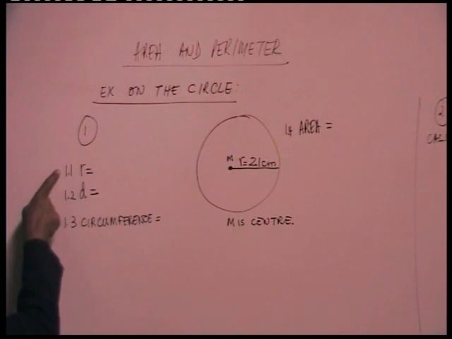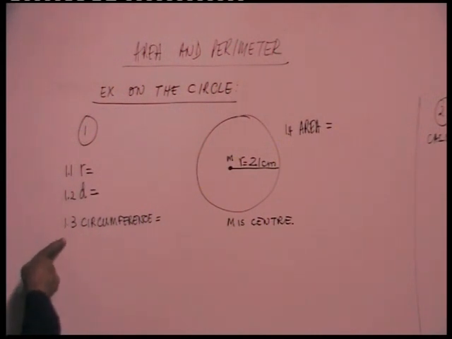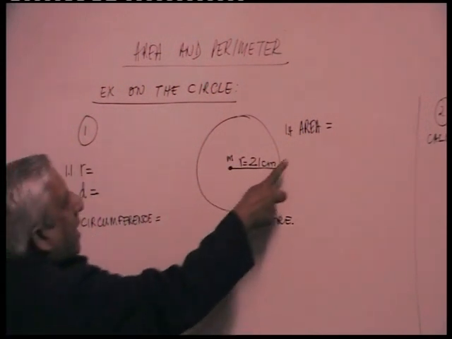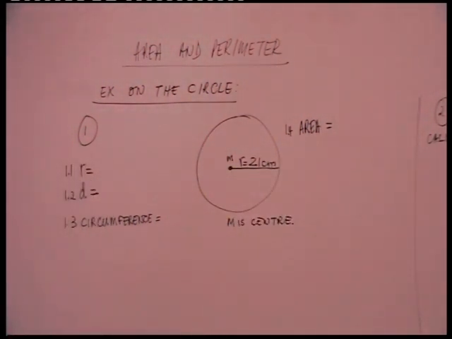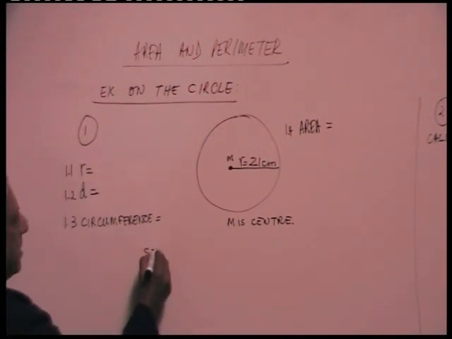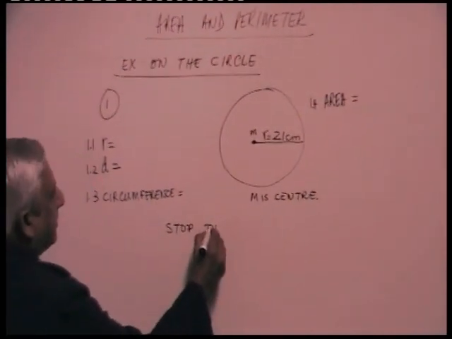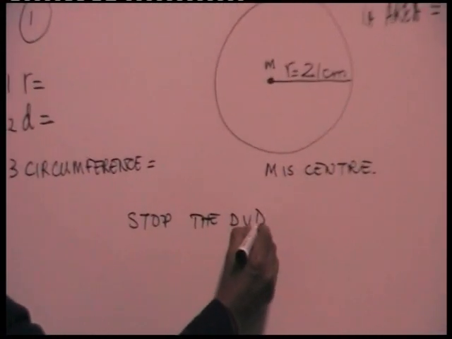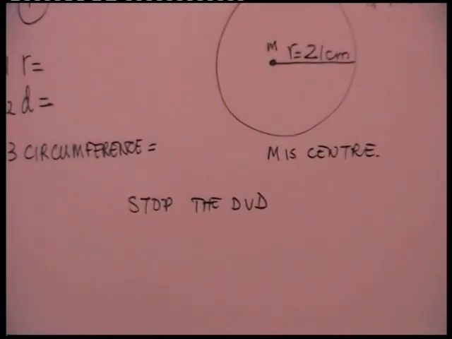You are required to calculate the radius, the diameter, the circumference, and then the area. That's for number 1. Try number 1, finish it, and then we'll move to number 2. So stop the DVD for you to try this.